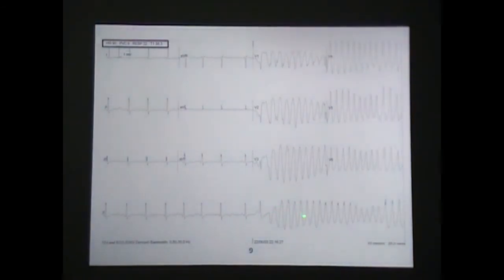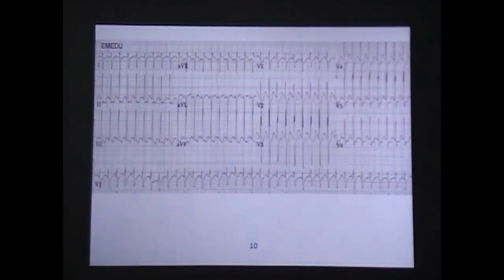See, the turning of the points, widening and narrowing, where VTAC will be pretty consistent. Bam, bam, bam, bam, bam. A lot of times until we actually get it on paper, when you're looking on a monitor, it's really hard to say torsades or not torsades. Not that we're going to treat it differently besides magnesium. The rest of it's going to be the same. But that's torsades. All right, what do you guys see here?